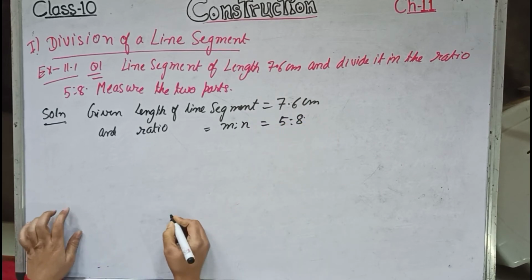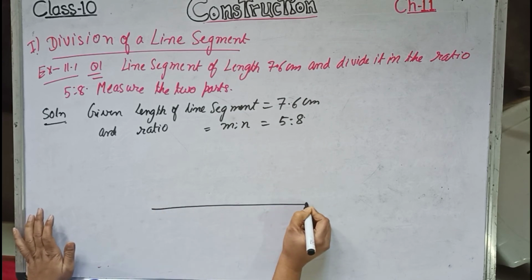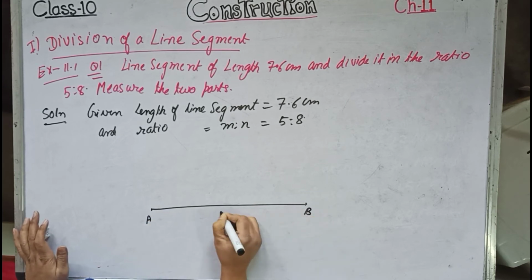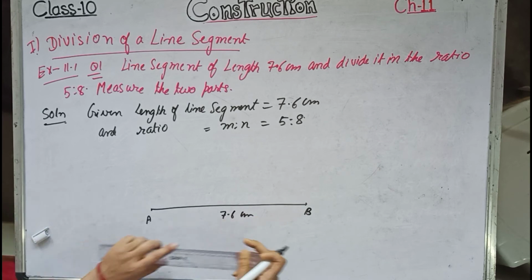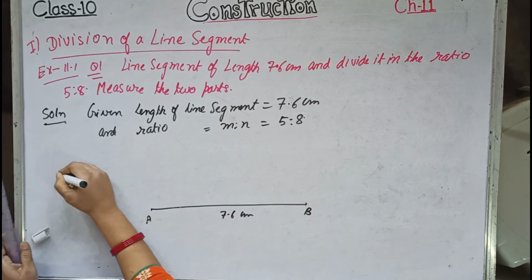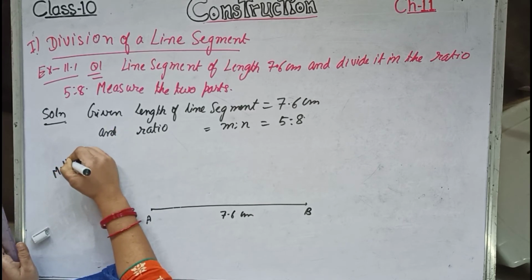Now for this, you will draw a line segment. Suppose over here I am drawing AB of length 7.6 centimeter. You will not draw with hand, you will take a scale and draw 7.6 centimeter. Now this I am telling is method 1, explaining method 1.